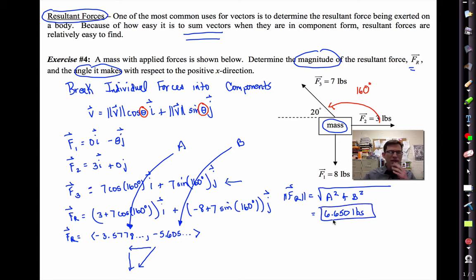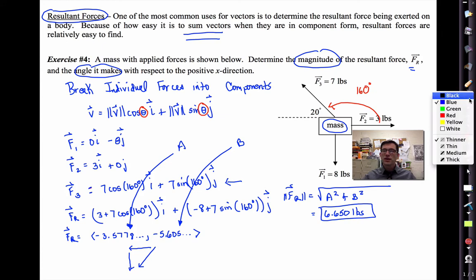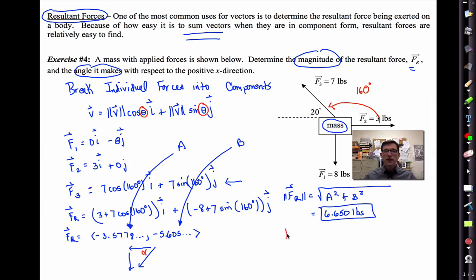Now, in order to figure out the angle, this also takes us back to yesterday. I'll probably figure out a reference angle first. So I might say something like the tangent of alpha is equal to 5.605, the positive version, divided by the positive version, 3.5778.